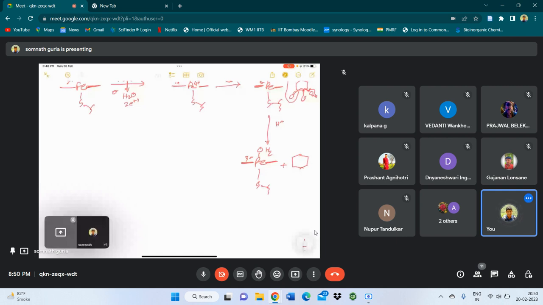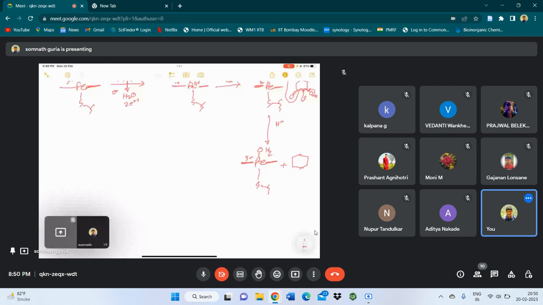And in the monooxygenase, only one oxygen is bound with the substrate molecule.